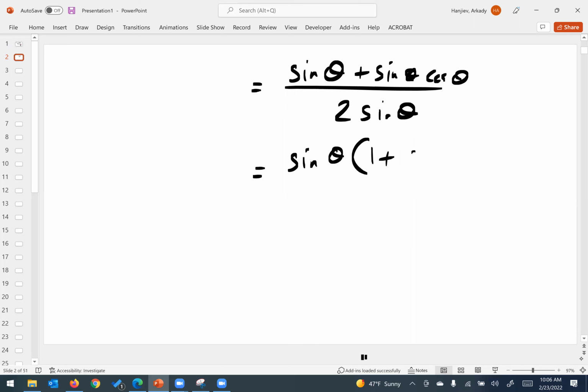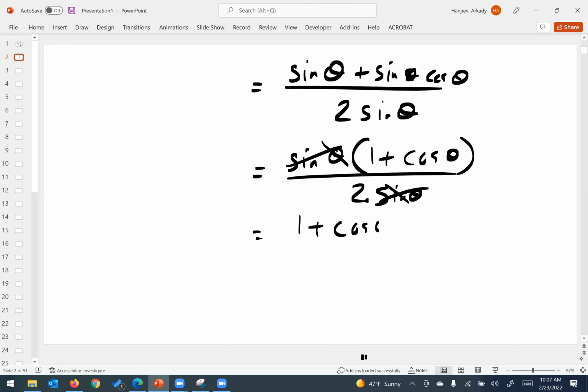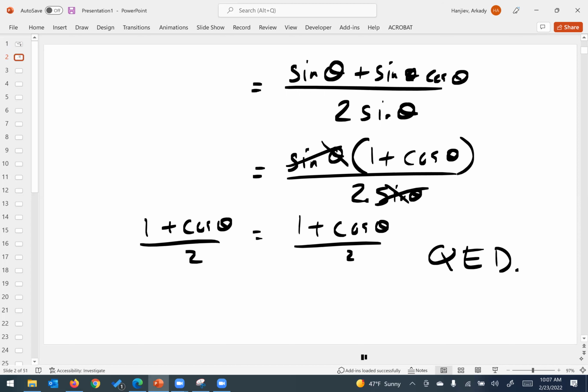So the algebra was just a tiny bit more involved. That's it. And now I have matched both sides, and I can say, ta-da. Cool. Yeah, so it'll work out something like that.